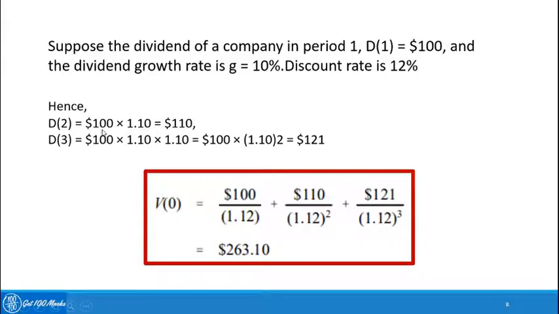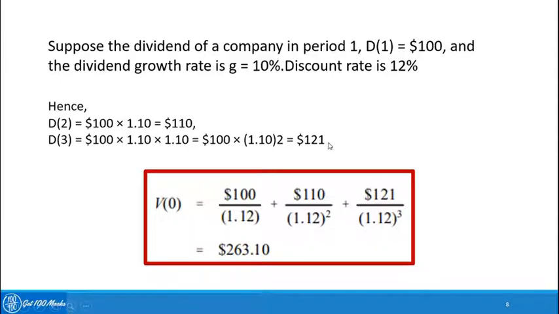Similarly, dividend in the third year will grow by another 10%. So we can multiply $100 with 1.10 to the power of 2, or we can multiply 110 with 1.10. We get the same answer.